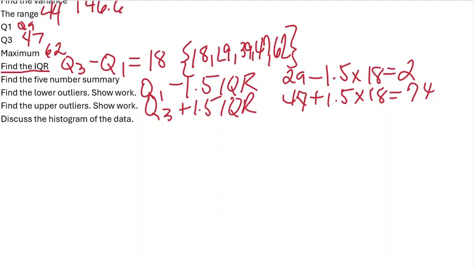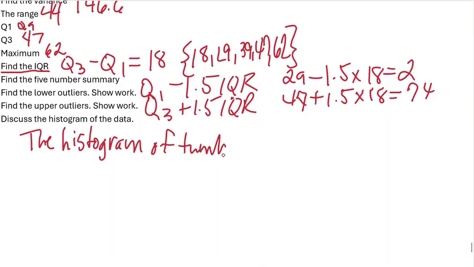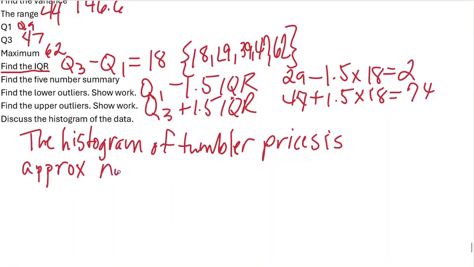So I would say the histogram of tumbler prices, remember context, is approximately normal, or approximately symmetric. How about that?